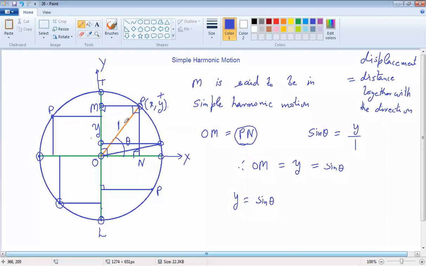but y upon radius 1 is sine theta. Y upon 1 is sine theta. That means y is equal to sine theta.